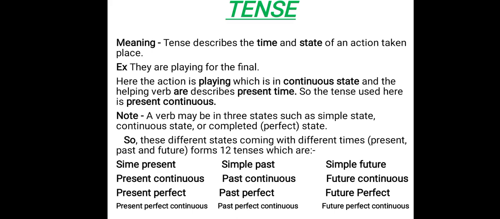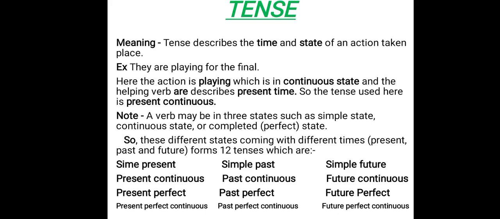So which tense is it in? The time is present and the state is continuous, so the tense is present continuous. I hope this will help you identify the tenses correctly.